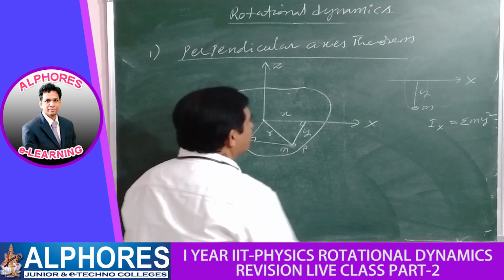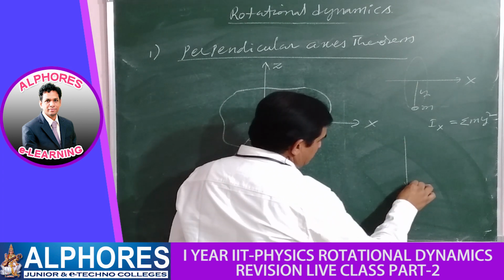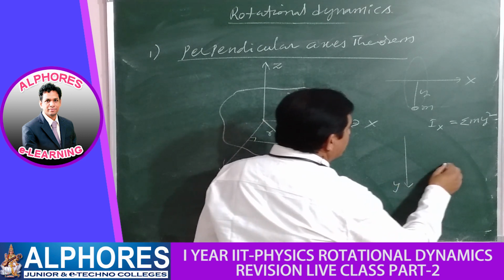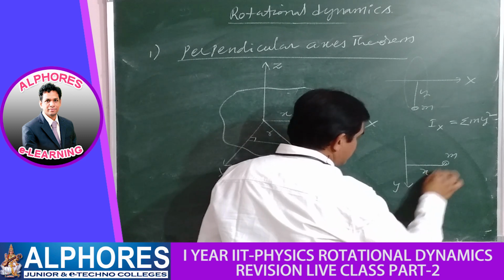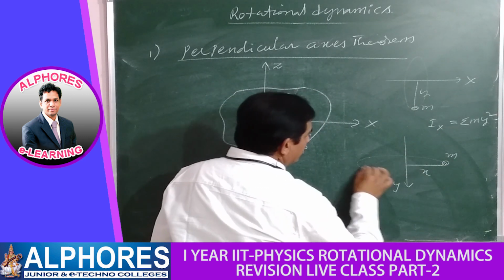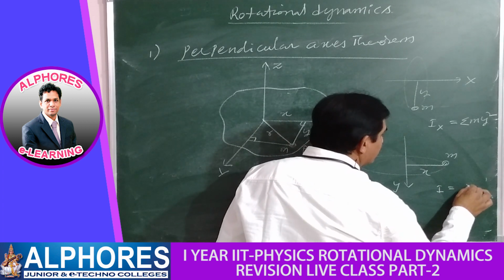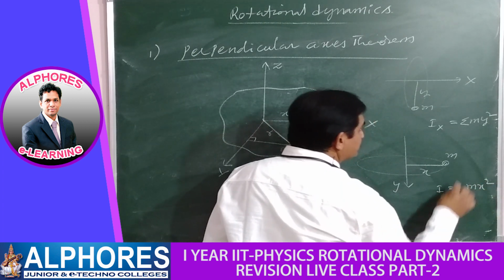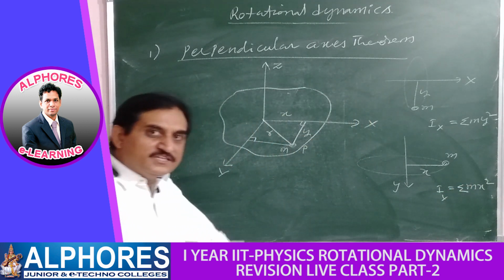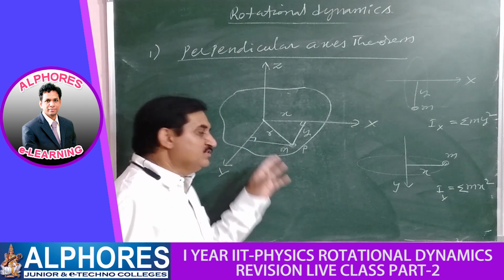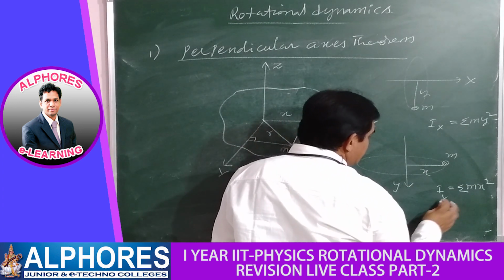Similarly, for the y-axis, a particle is at a distance of x, rotating about this axis. Its moment of inertia is m x square, summation for all particles of this lamina. Now this is Ix, this is Iy.